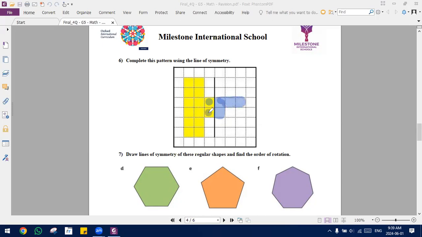The other one is the same. This square is going to the left by two, so I'm going to the right by two, like that. And then we have here two up, and then two here. And then down we have two more. So this is how it would look like. It's exactly the same shape, but on a different side. This is to the left, this is to the right.